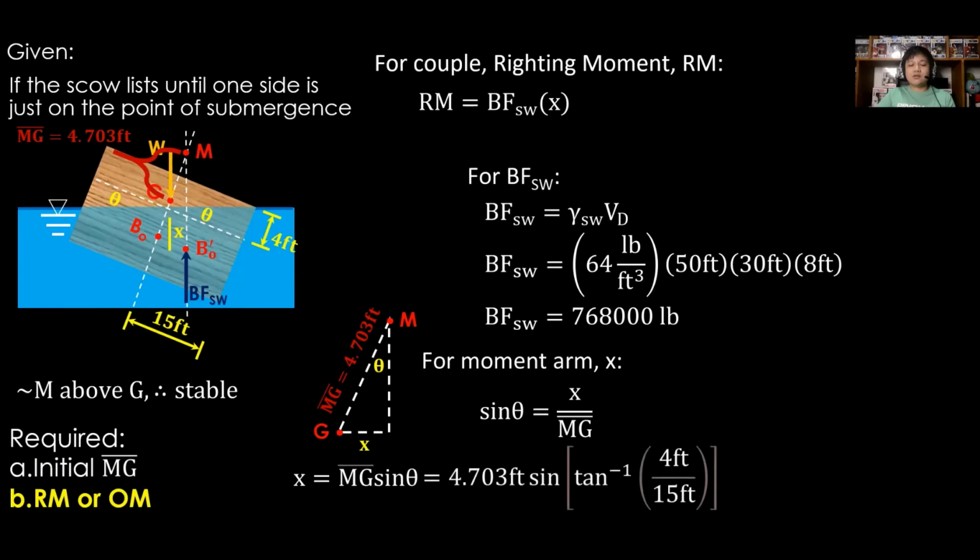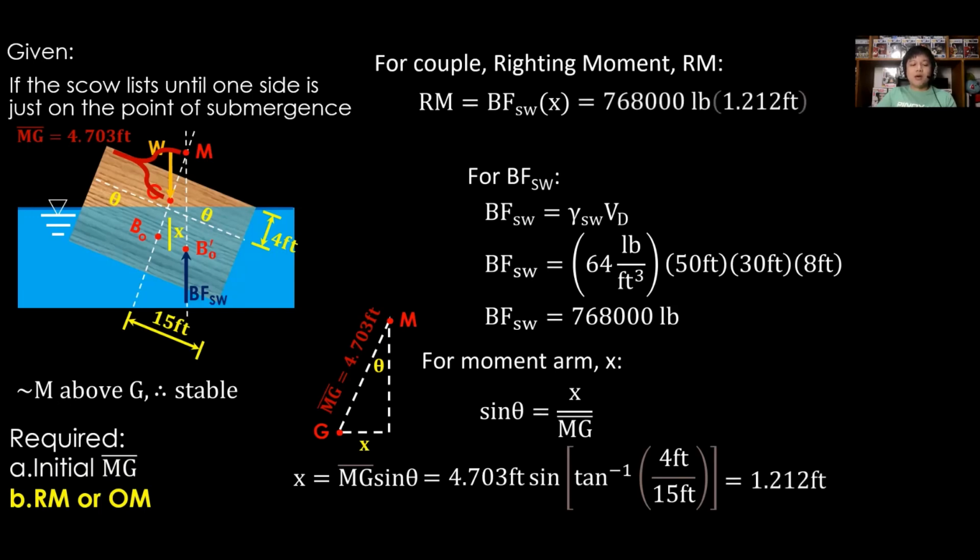Substituting values, we have MG bar, 4.703 feet. Then sine of theta, again, obtain theta using the tilting position, that is the arctan of the opposite side of the triangle, 4 feet, over the adjacent side, 15 feet. X therefore is equal to 1.212 feet.